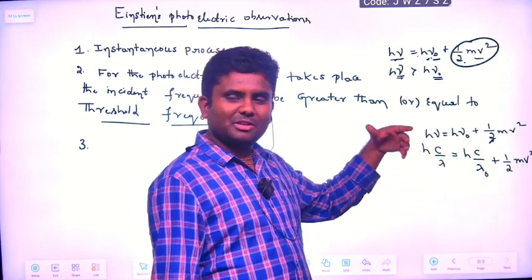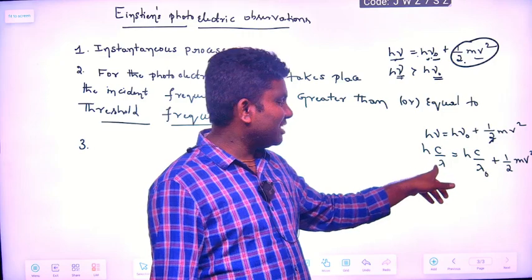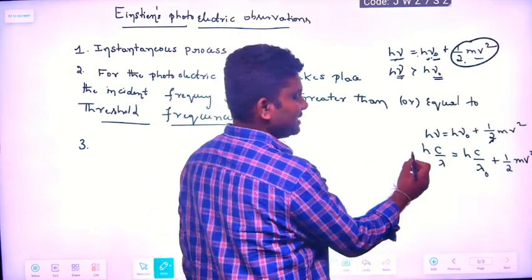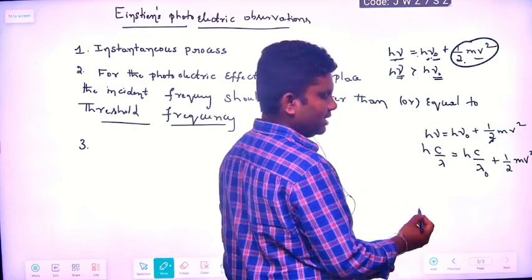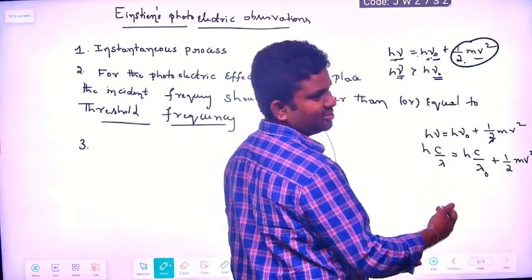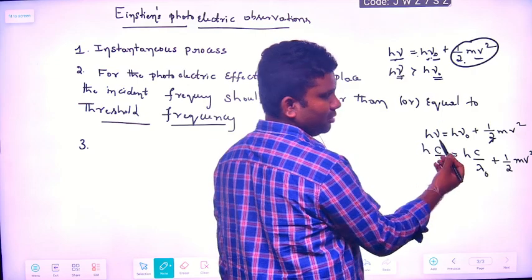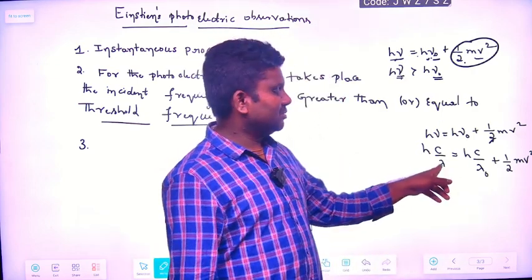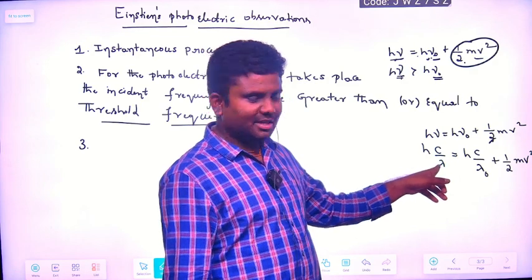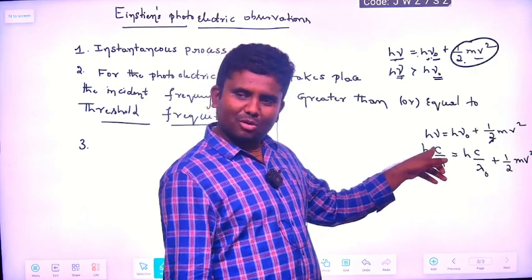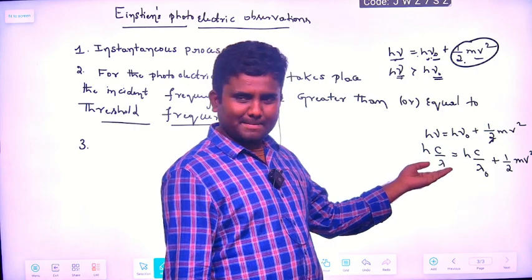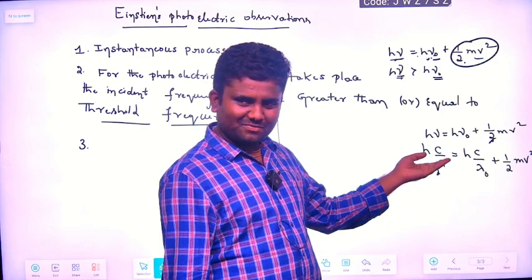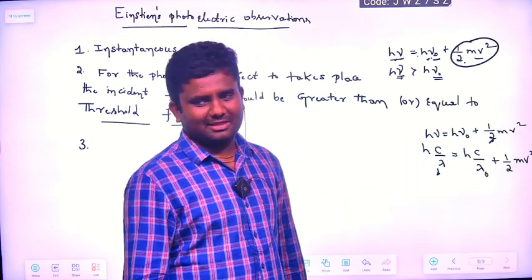If the wavelength is less, the energy will be more, because it is hc by lambda, where hc is Planck's constant times the velocity of light.